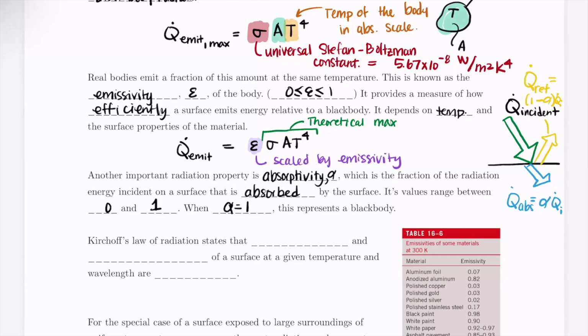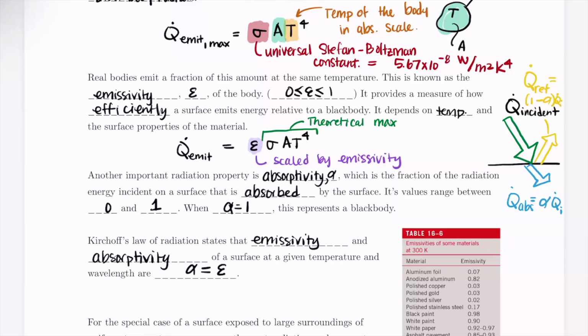Okay. Kirchhoff's law of radiation states that emissivity and absorptivity of a surface at a given temperature and wavelength are equal. So essentially this is saying that alpha is equal to epsilon. All right.